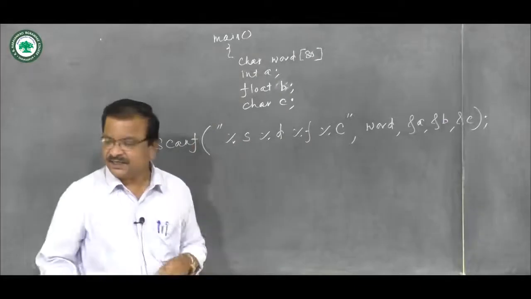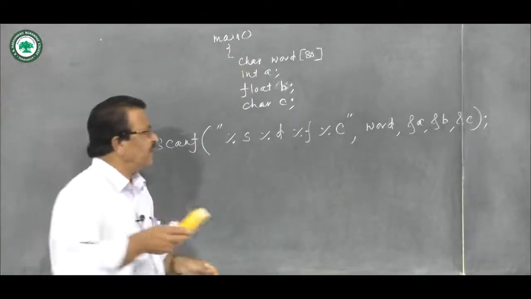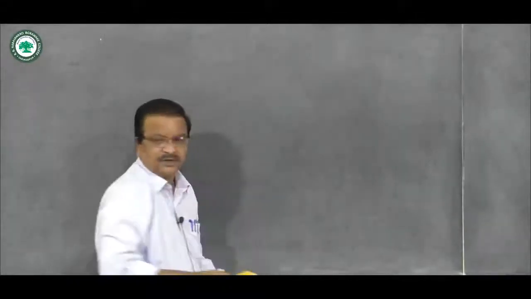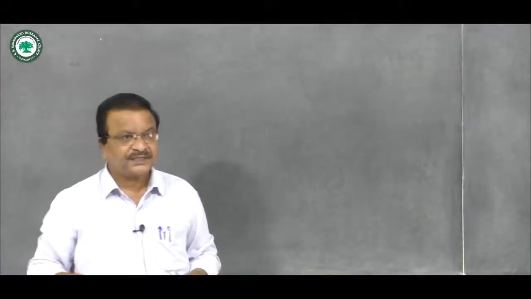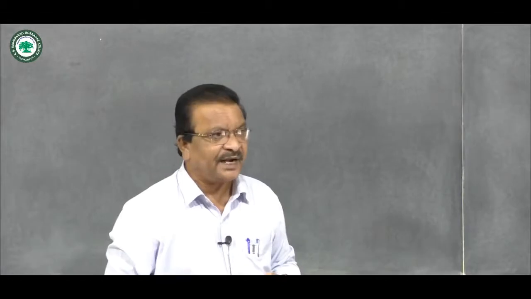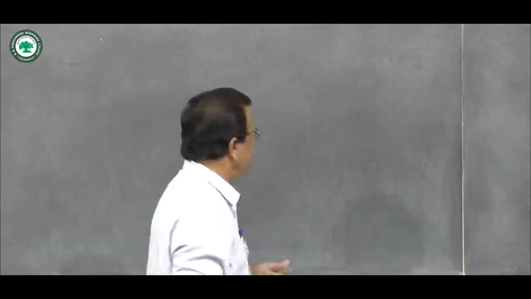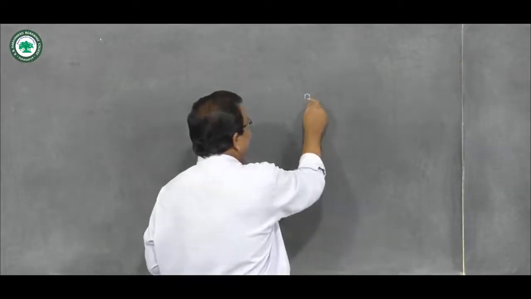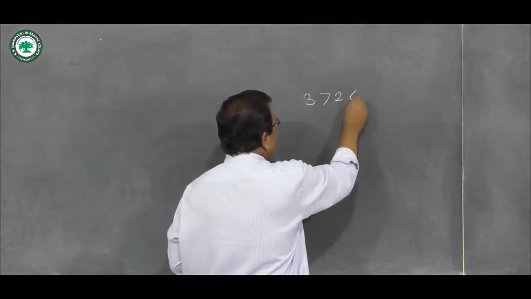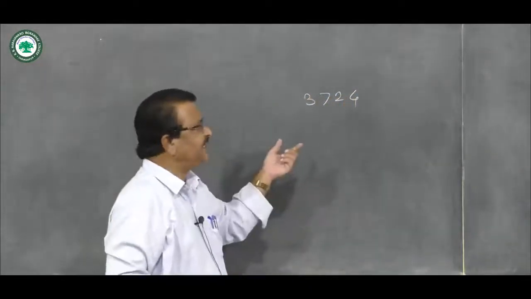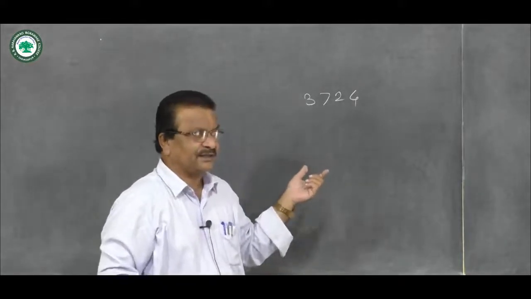Now let us see some additional features of the scanf function. Consecutive non-white-space characters that compose a data item are called the width. For example, if I am writing the integer item 3724, then the width of this data item is 4 characters.